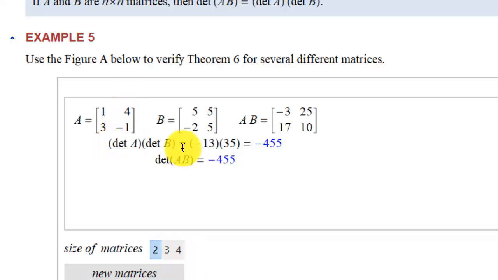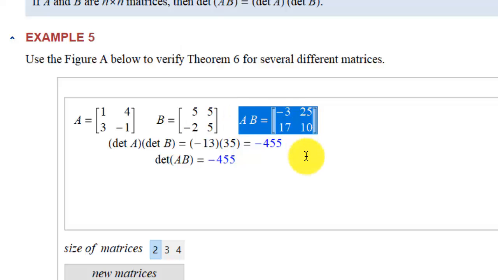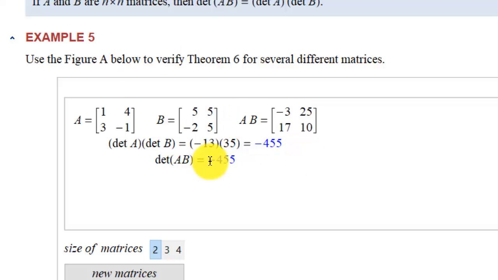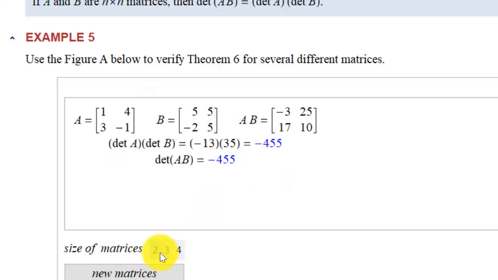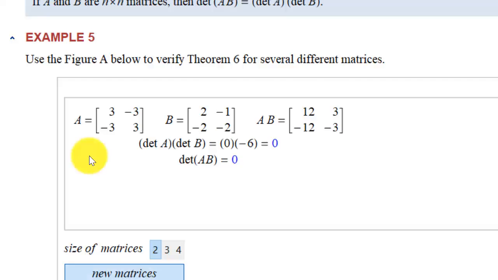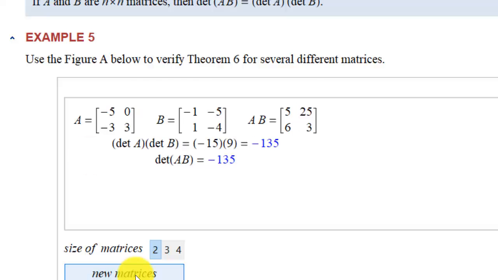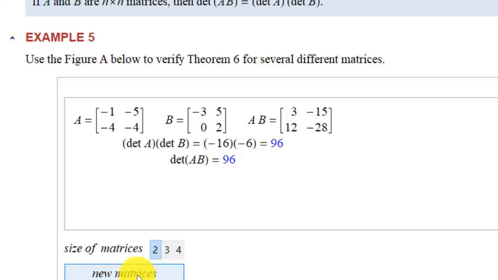And what they do is they compute the determinant of A and determinant of B and multiply it. And then they compute the product matrix AB and find the determinant of that. So you can see that regardless of what matrix we come up with, the products in the theorem will work out.